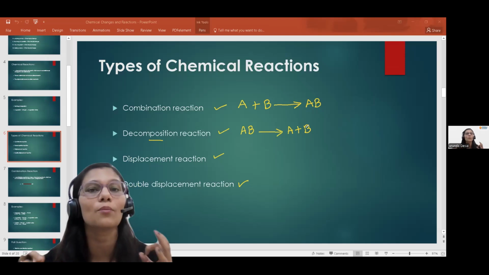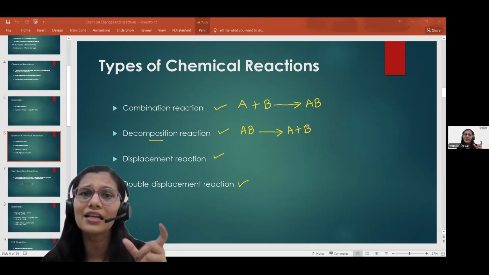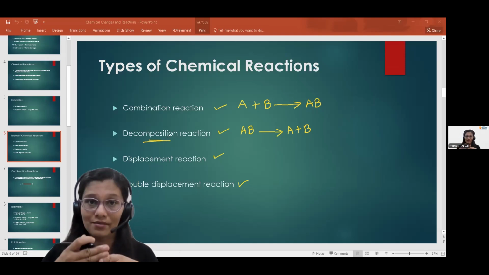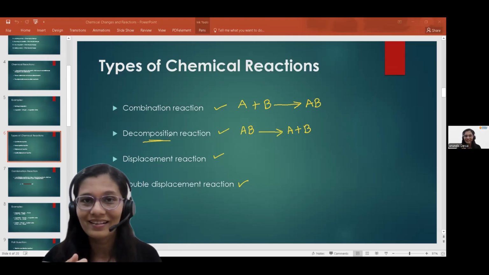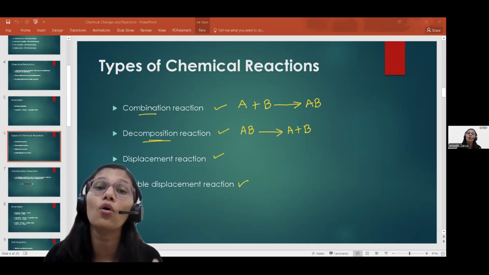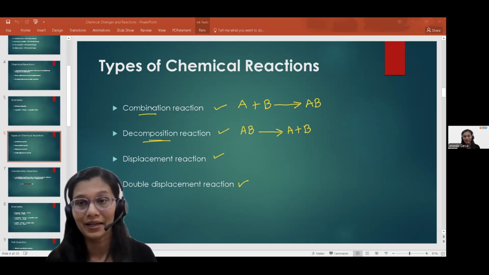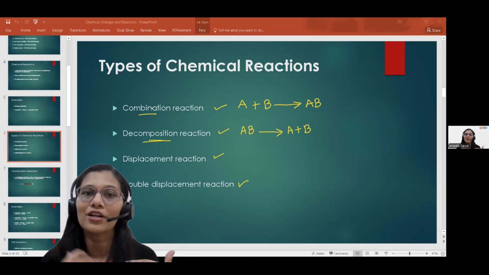As the name indicates, decomposition means breaking down, and combination means combining. So a decomposition reaction is exactly the opposite of a combination reaction.